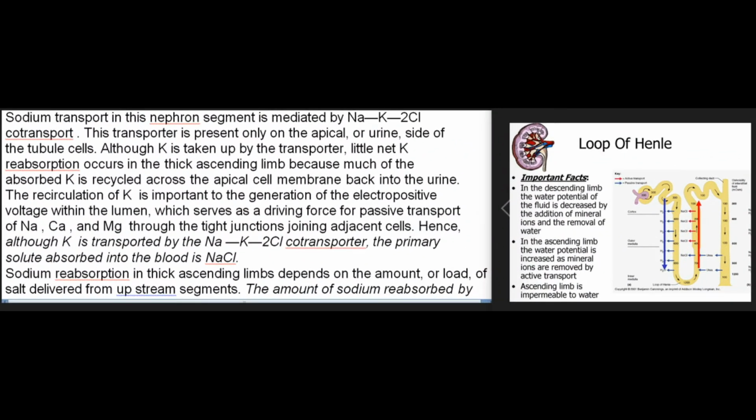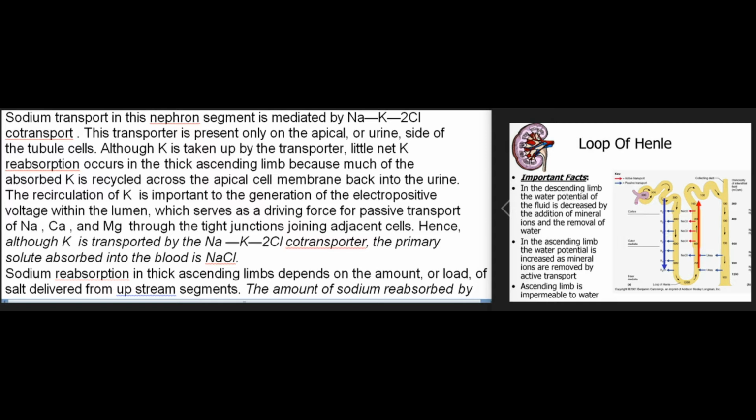Sodium transport in this nephron segment is mediated by NaK2Cl cotransport. This transporter is present only on the apical, or urine, side of the tubule cells. Although K is taken up by the transporter, little net K reabsorption occurs in the thick ascending limb because much of the absorbed K is recycled across the apical cell membrane back into the urine.